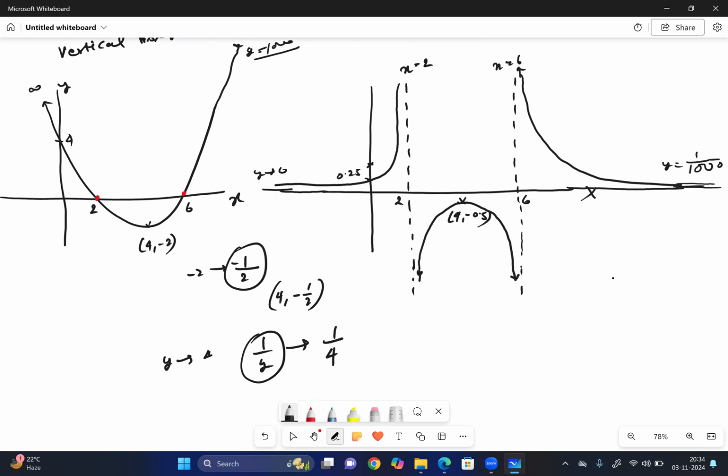And since at 6 it is 0, 1 upon 0 is not defined, so y tends to infinity at x equal to 6. This is clear to you?